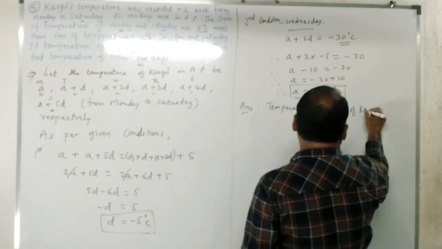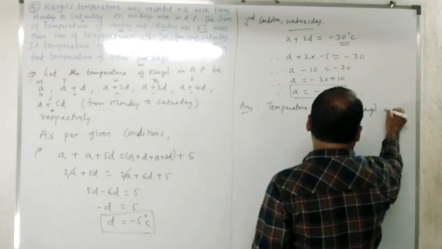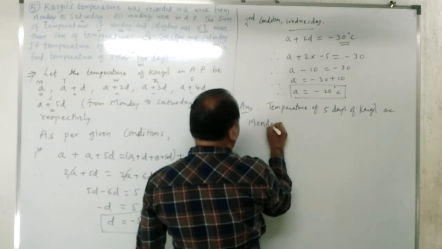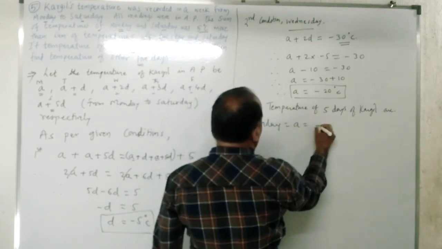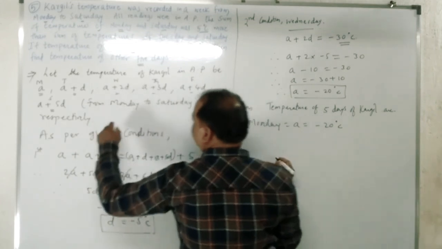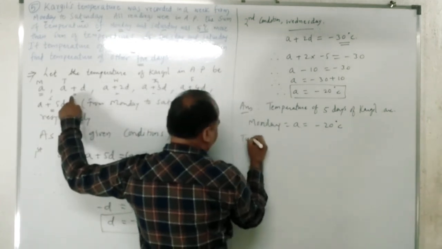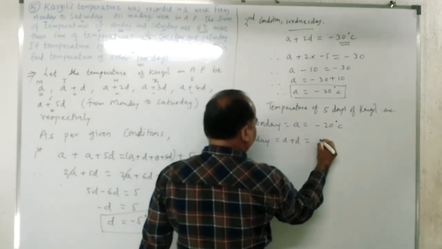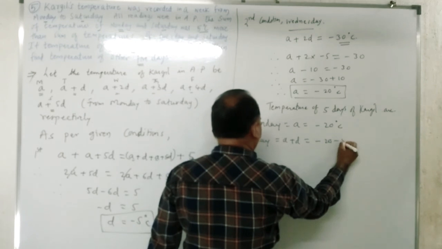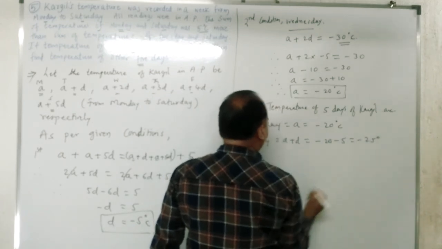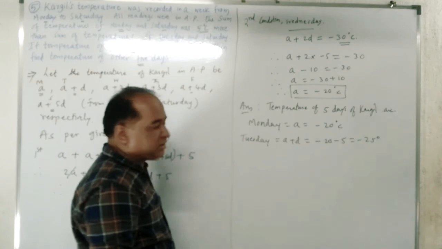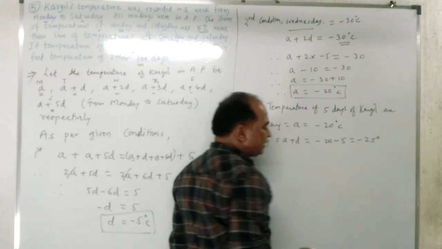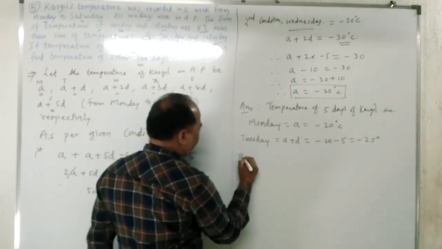First Monday, that is equal to A, minus 20 degrees Celsius, then Tuesday A plus D, which is minus 20 minus 5, that is minus 25 degree. Wednesday temperature is already given, minus 30 degrees Celsius.